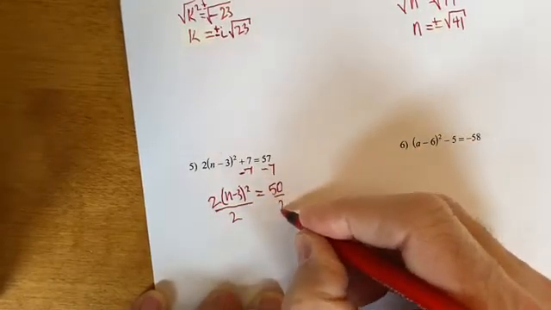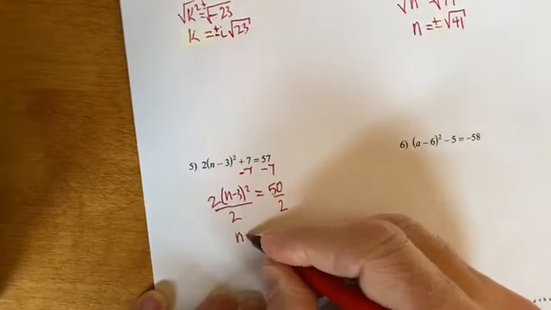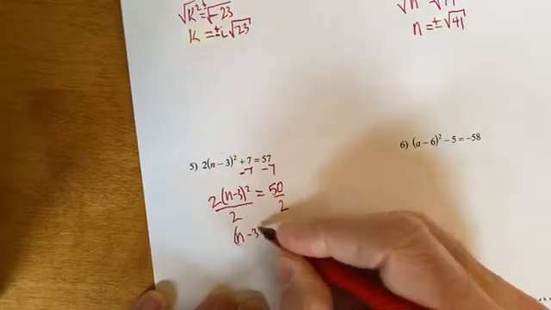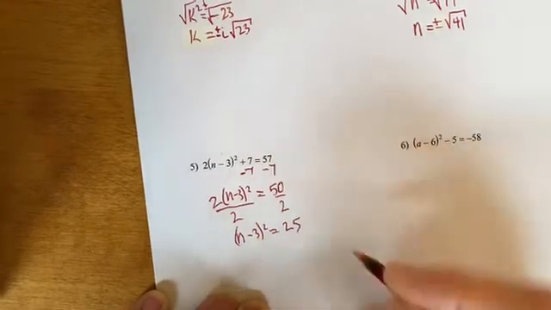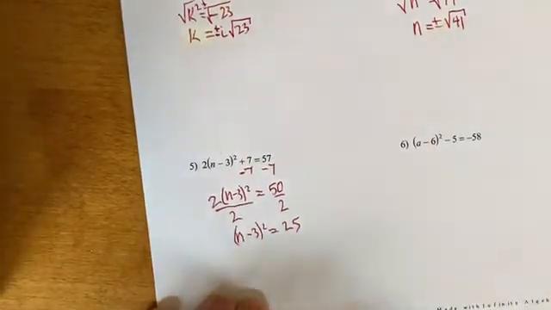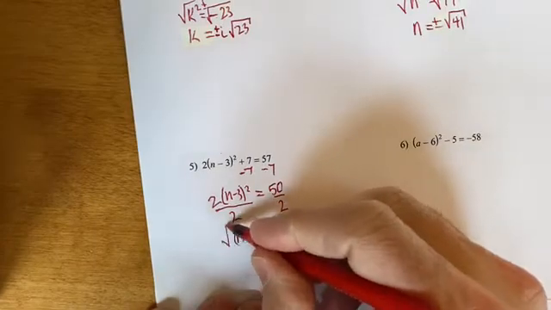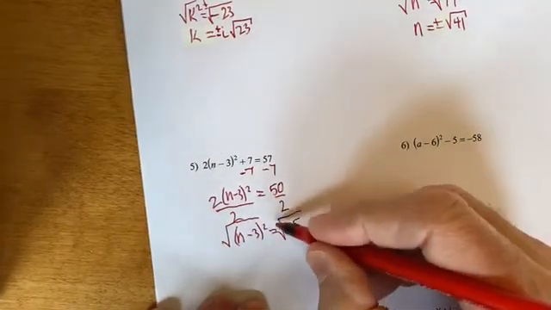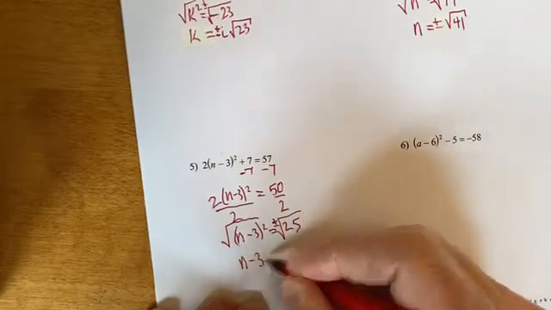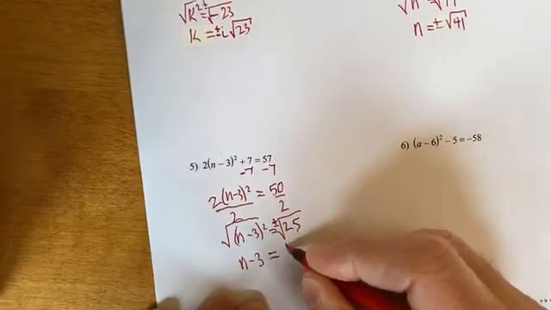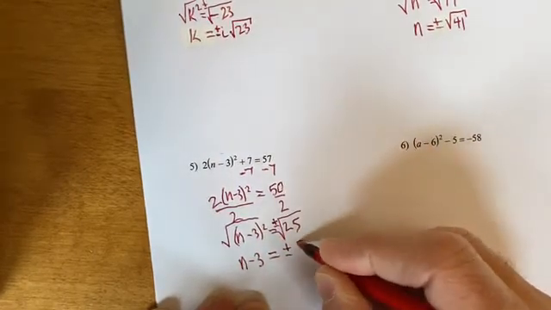You can't distribute that. So (n minus 3) squared is 25. It's positive. That's nice. And then you take the square root of both sides. Don't forget the plus or minus. And n minus 3 equals plus or minus 5.